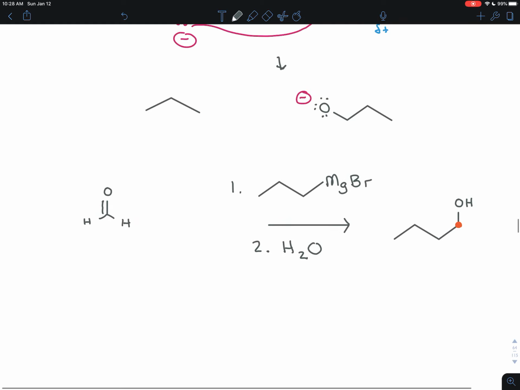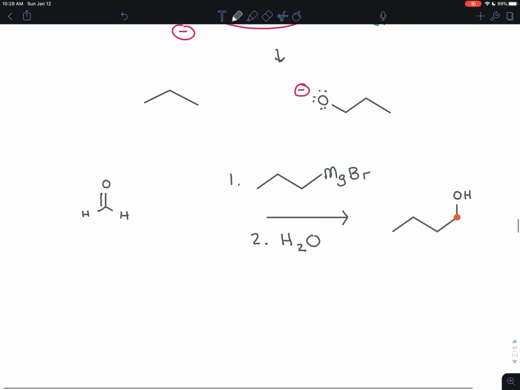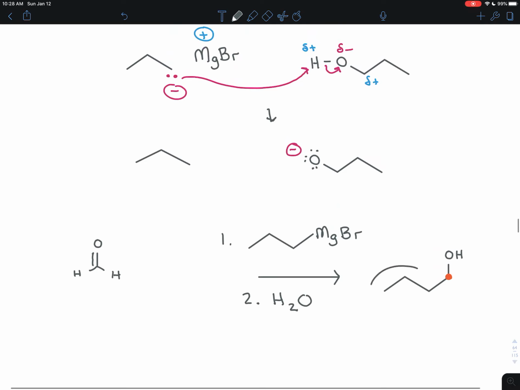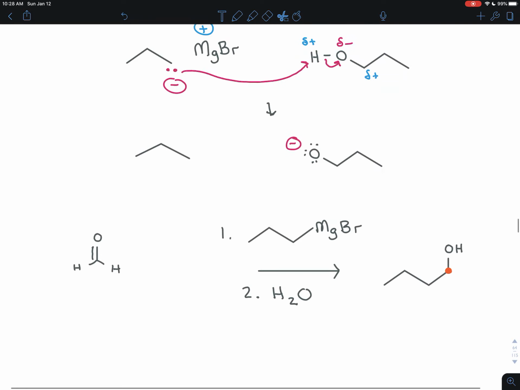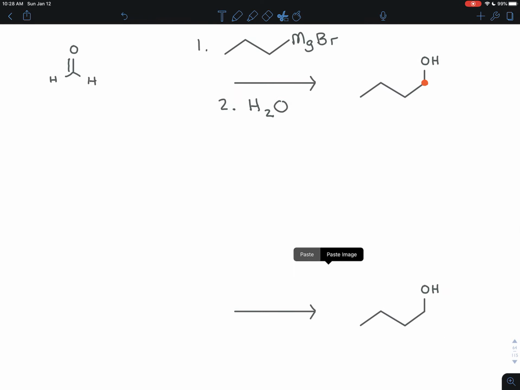previous exercise. Okay, but what if, instead of just a regular carbon chain here, you have an OH on that carbon chain?